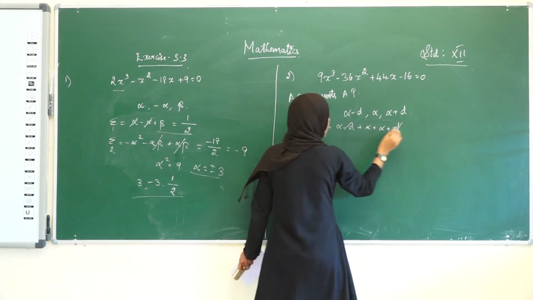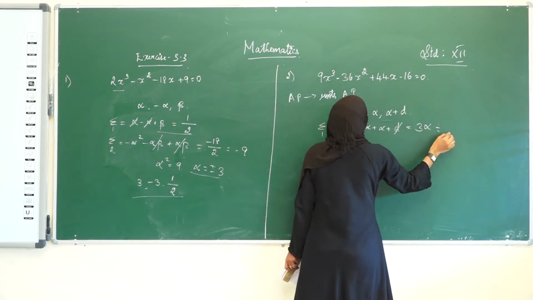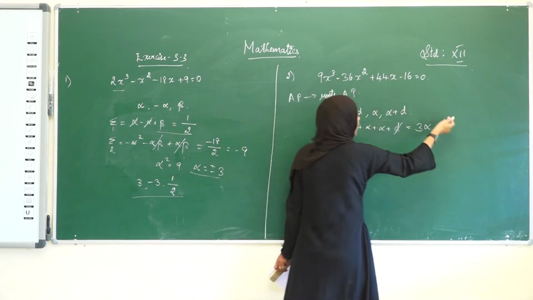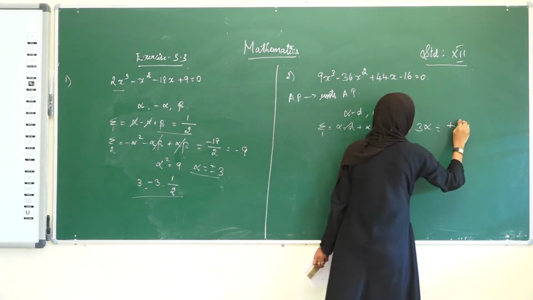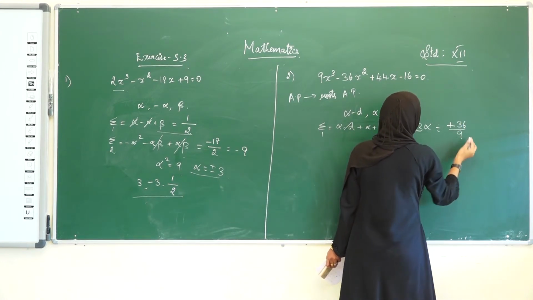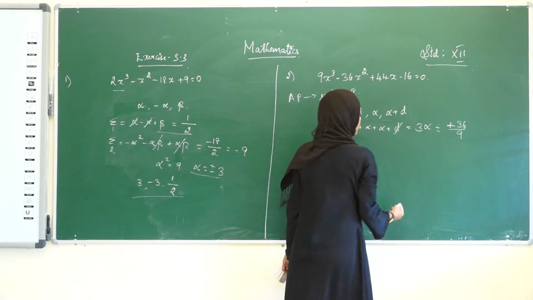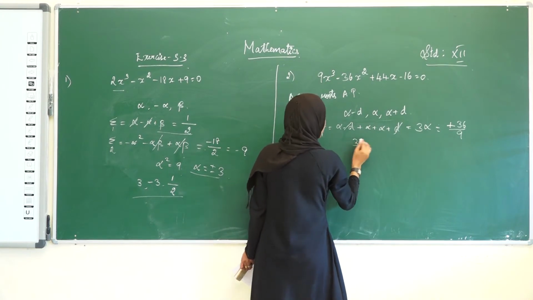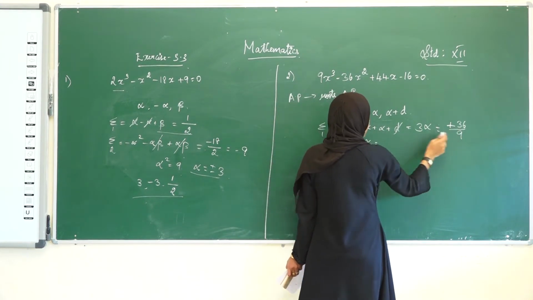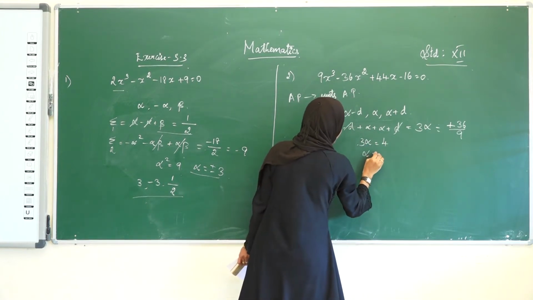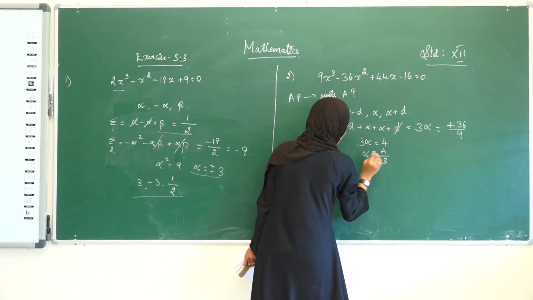D and d get cancelled, that is 3 alpha is equal to, here it is minus, we already have one minus, so minus of minus is plus 36 divided by 9. So 3 alpha is equal to 36 divided by 9, which is 4. So alpha's value is 4 divided by 3.